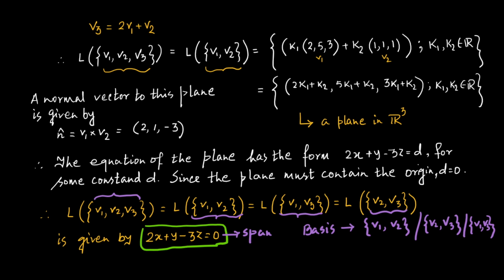Now, in my definition of basis, I said basis means maximal linearly independent spanning set. So there are three terms: maximal, linearly independent, and spanning set. Now, the two terms spanning set and linearly independent, I guess you have understood. Each of these three are spanning this space and they are linearly independent sets also.